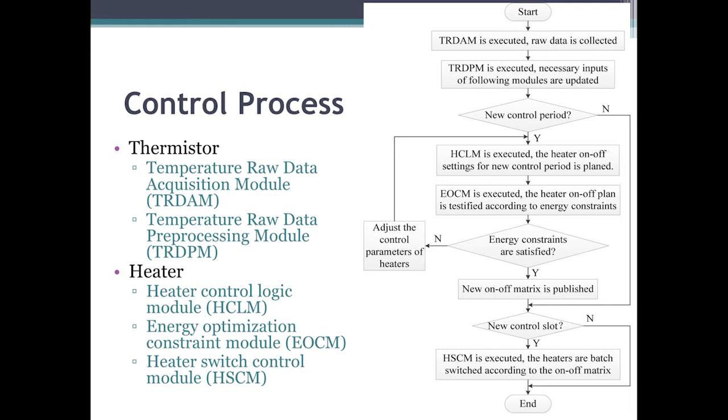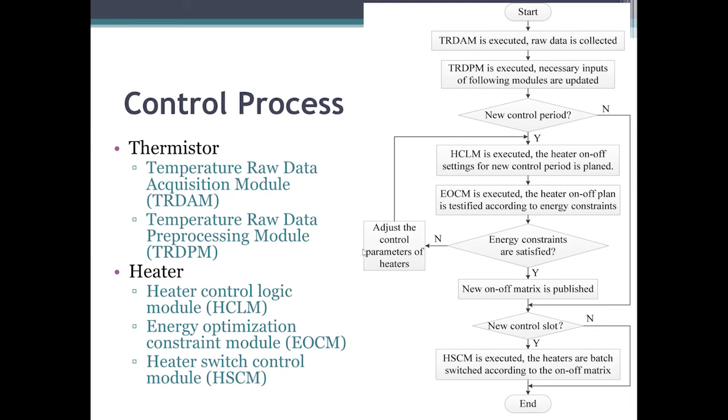In the TRDPM, configurable software components are provided. Users can use different plugins to achieve the raw data format conversion, the data statistics, the thermistor health monitoring, and other functions according to personal needs.